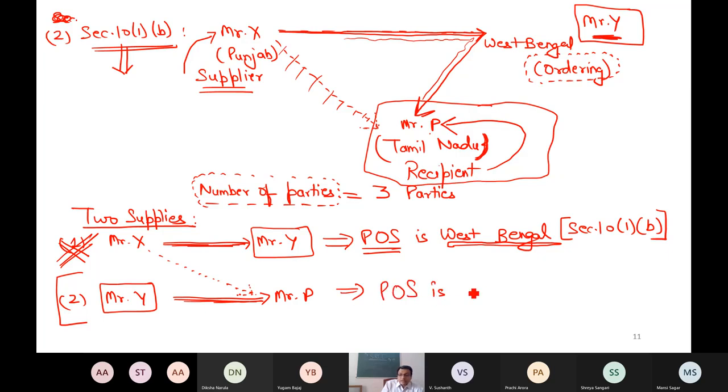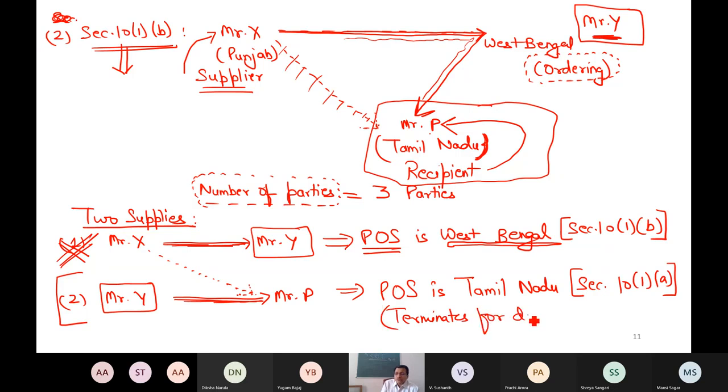In that case the place of supply becomes Tamil Nadu, as per section 10 subsection 1 clause A, where the place of supply is the place where movement of goods terminates for delivery to the recipient.